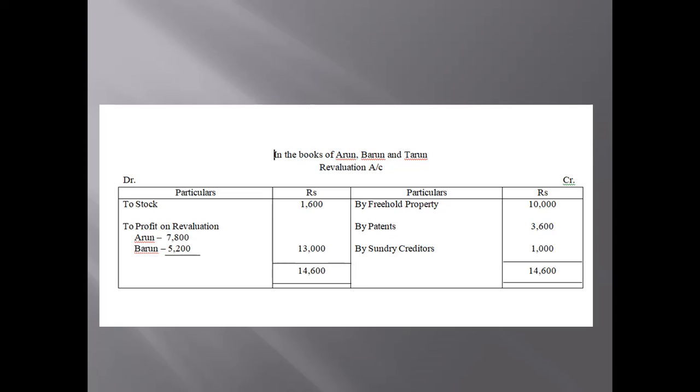Now see what is written here. Point number 3. Patents and goodwill are valued at 3,600 and 24,000 respectively. So patents, previously it was how much?